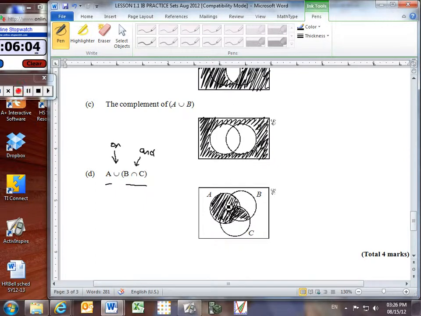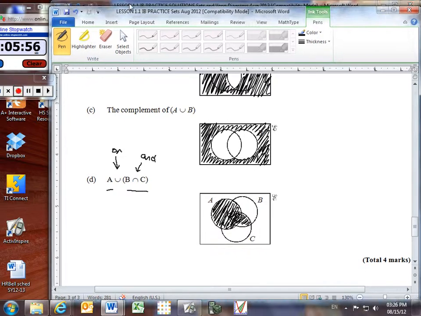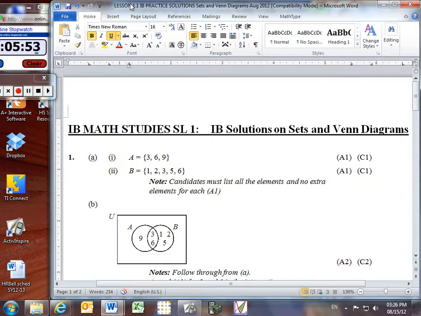Here it is. Now let's just have a look at the IB mark scheme and make sure that we did answer these things correctly. So here we are. Number 1A. Yes, that's right, 3, 6, and 9. If you're wondering what this A1, C1 business is, that's a tool that the examiners use, or us teachers use, in order to determine how many marks you should get.